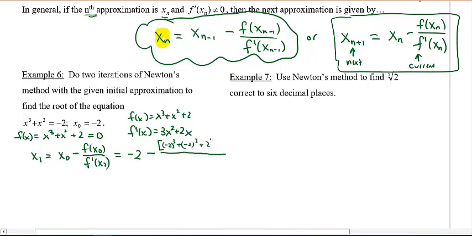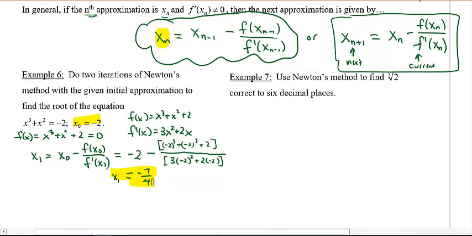And then we'll divide this by the derivative, 3 times negative 2 squared plus 2 times negative 2. Okay? You can do these calculations yourself, and then ding, the answer is negative 7 over 4. So notice, we started with x sub 0 at negative 2, and now our new guess for our x-intercept, our new value x sub 1, is equal to negative 7 over 4.